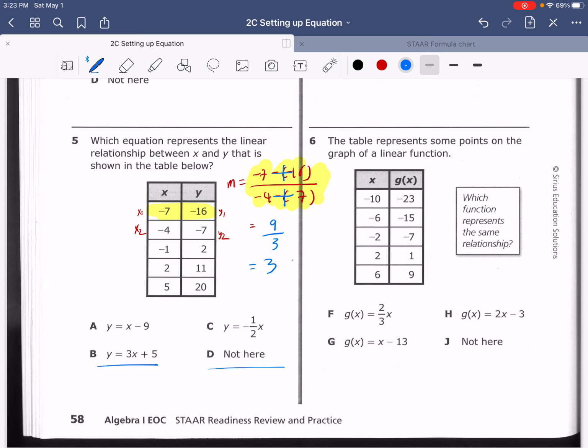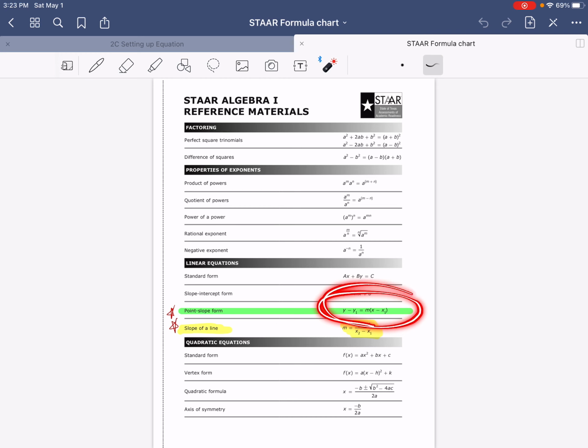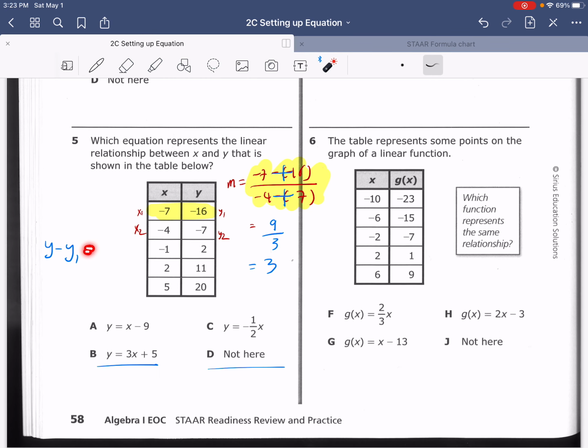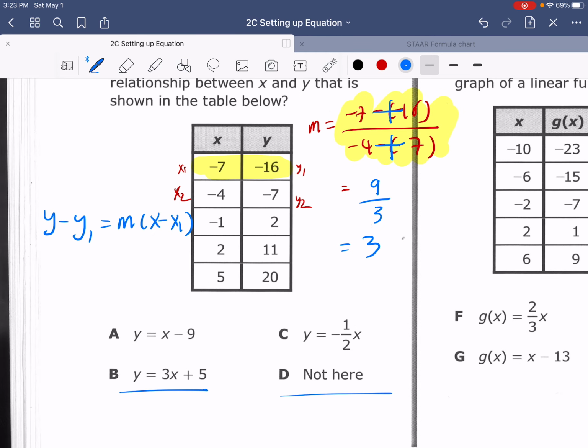And then we've got to use this formula, y minus y1 is equal to slope times x minus x1. Y minus y1 in this case is negative 16 equals slope, which is 3 right here, and x minus x1 is negative 7.